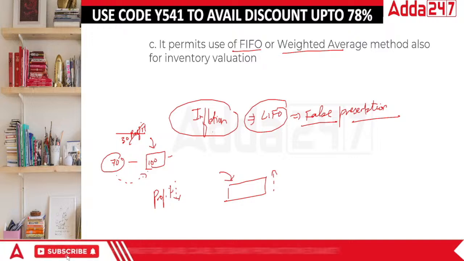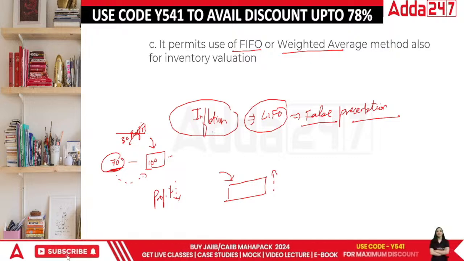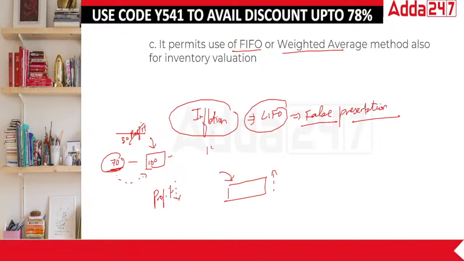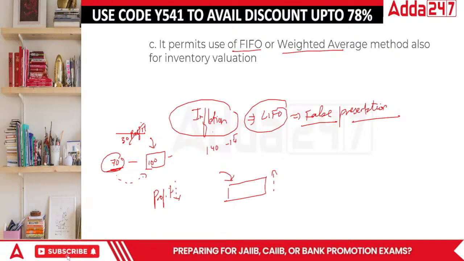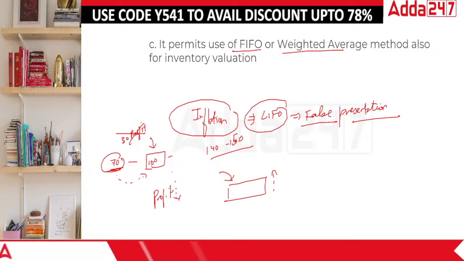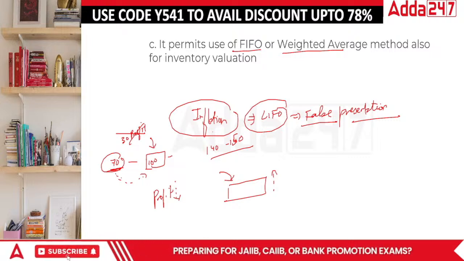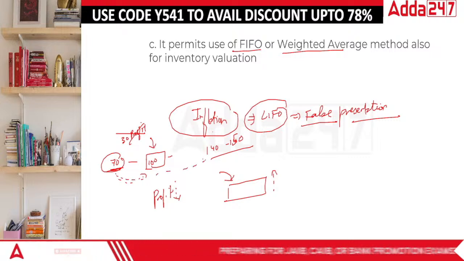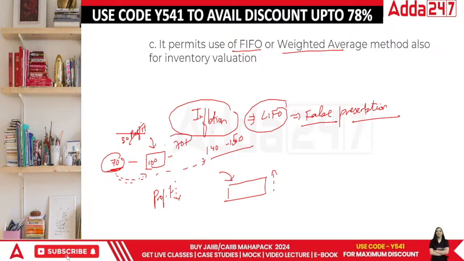But technically what happens? We will always use the 70 wala first, because if inflation is there, I will sell it at least at 140 to 150. Only then I'll make a profit, because currently if I'm buying the goods it is at 100 rupees and sale would be at a higher price. So technically if I'm selling the 70 wala stuff, this is currently a 70 rupees profit.